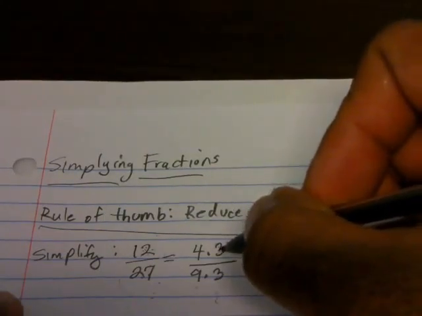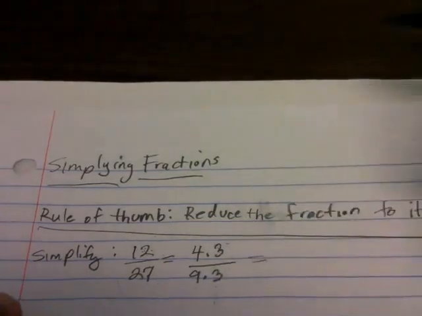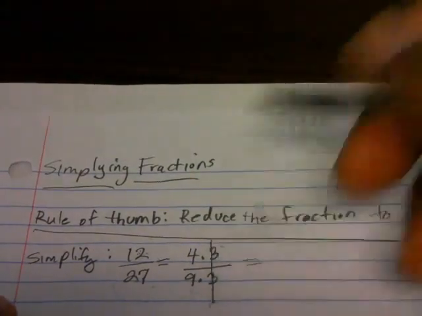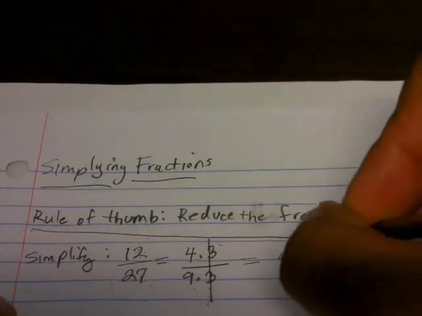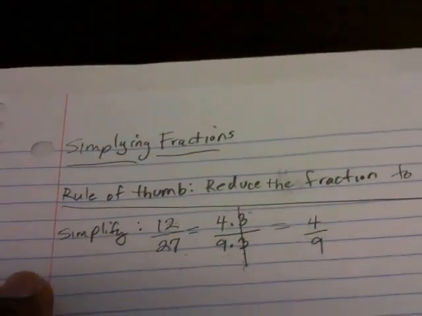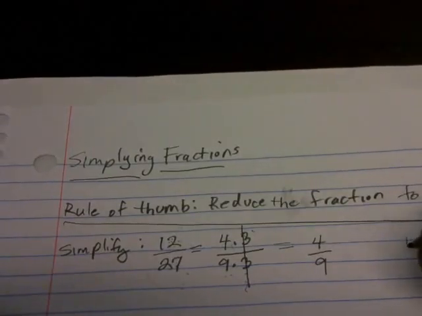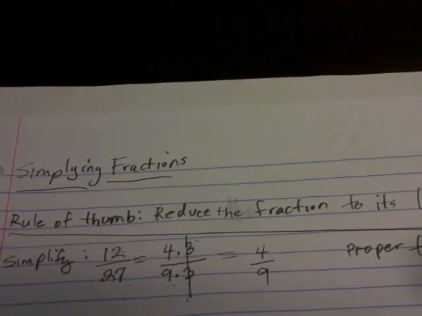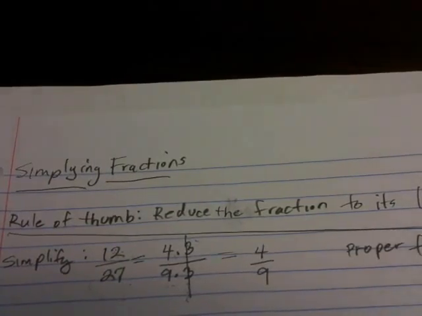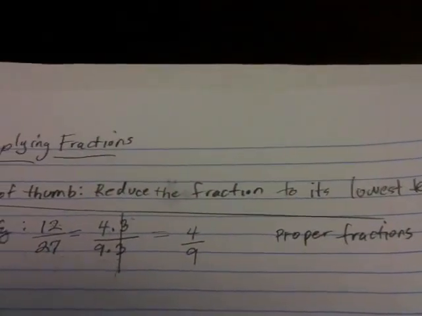So 3 in the numerator and 3 in the denominator, they cancel. I cross it out, and the values I have left in the numerator and denominator I write down, and that's 4 over 9. Again, this is proper fractions.